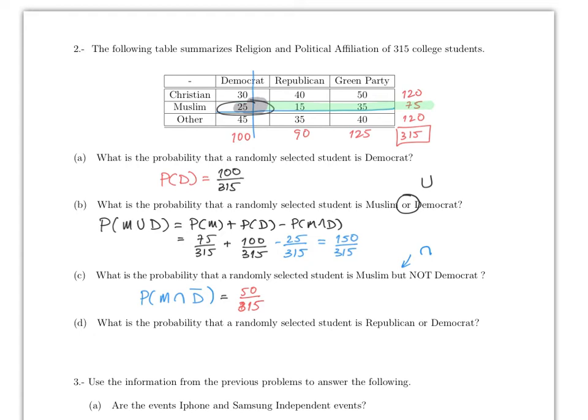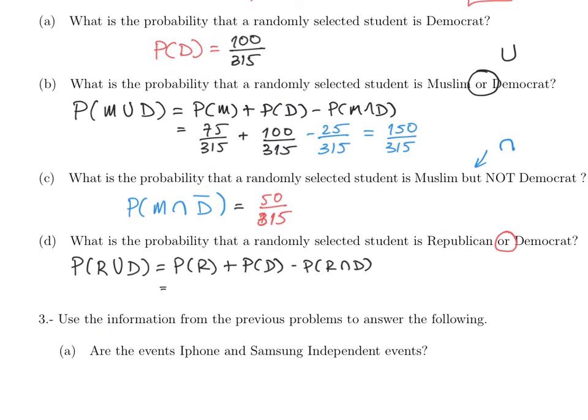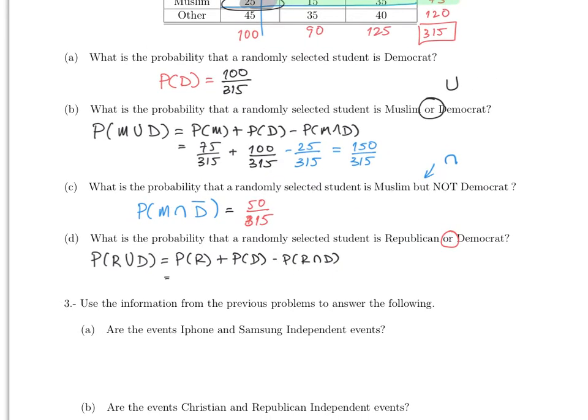And that's it. Right. Part D says, what's the probability that the person selected is Republican or Democrat? So there is the happy face. So this should be Republican or Democrat. So this will be Republican plus Democrat minus Republican and Democrat. Now, how many people are Republican?